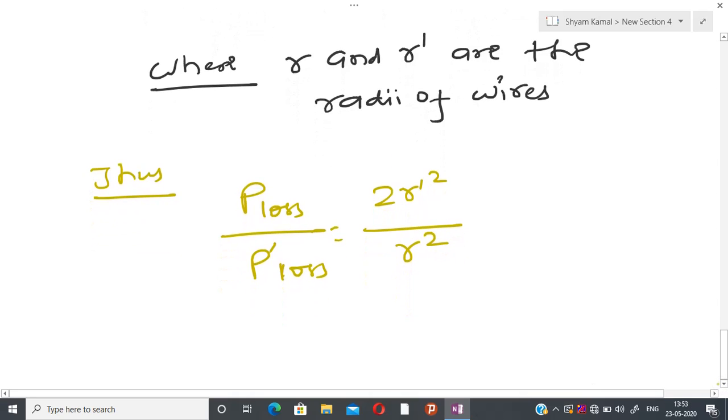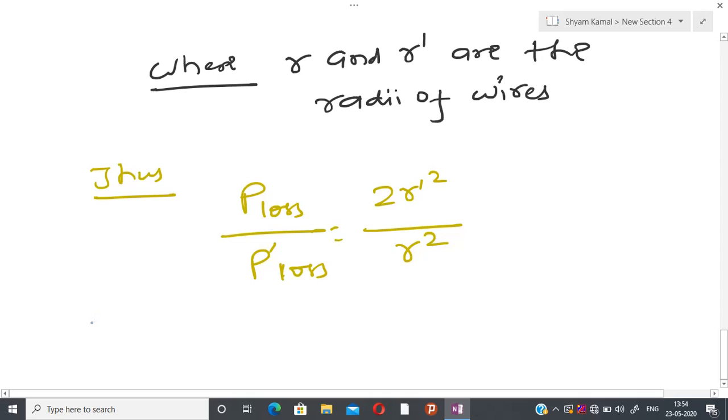Now if we assume that same power loss we tolerate in one phase and three phase, then I have the following expression. So let us write the further part of analysis, because we are going to compare the material.